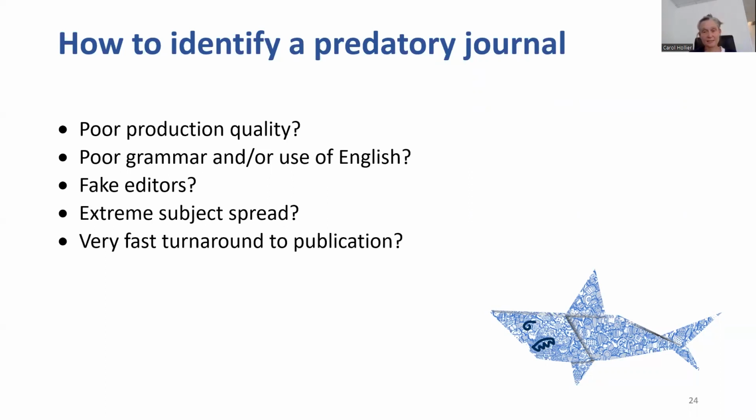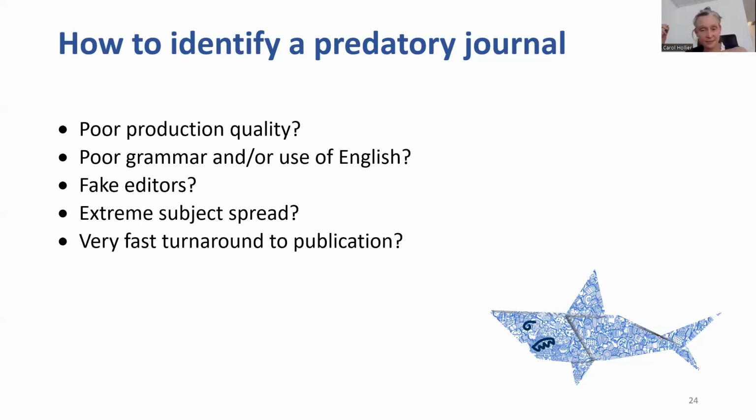So that is to say that it's a real scholar who might really be an expert in their field, but they have no idea that their picture and address has been pasted into the website and they've been listed as an editor for this particular journal.